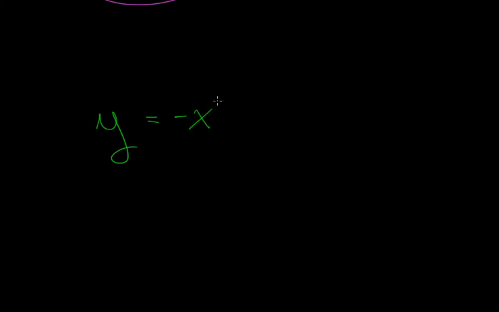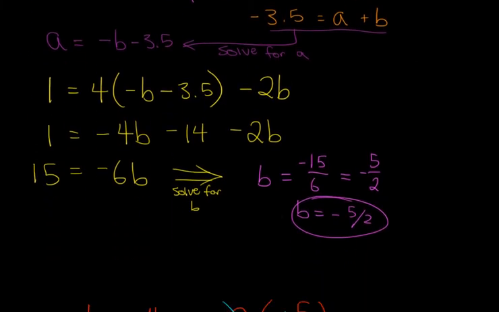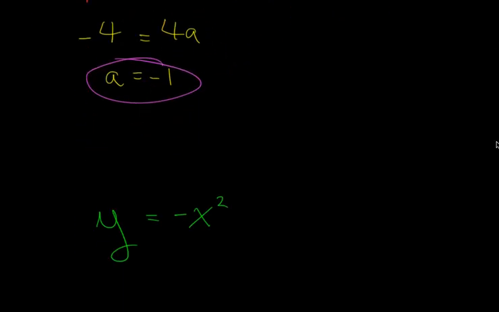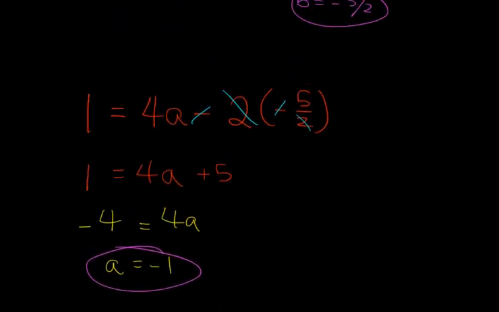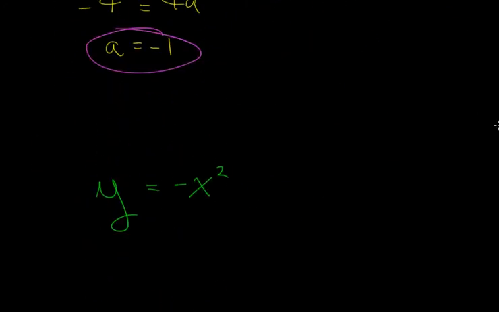That makes sense too, because it's a downward opening parabola, so it's got to be negative x squared. Then b is negative 5 halves, so negative 5 halves x plus 1.